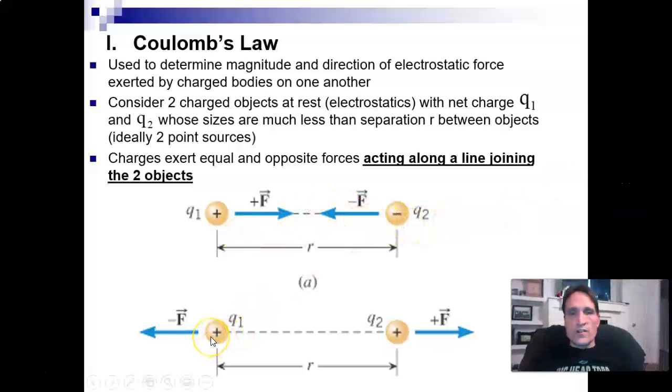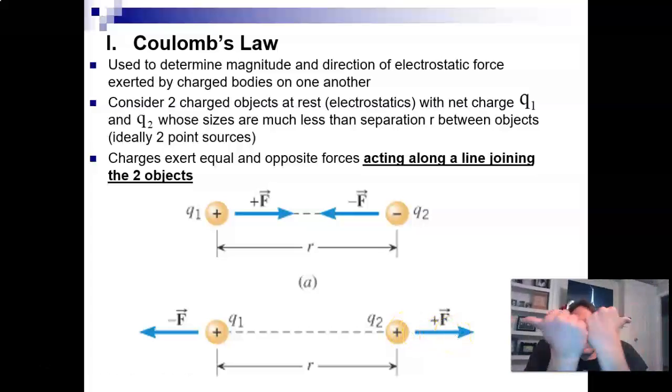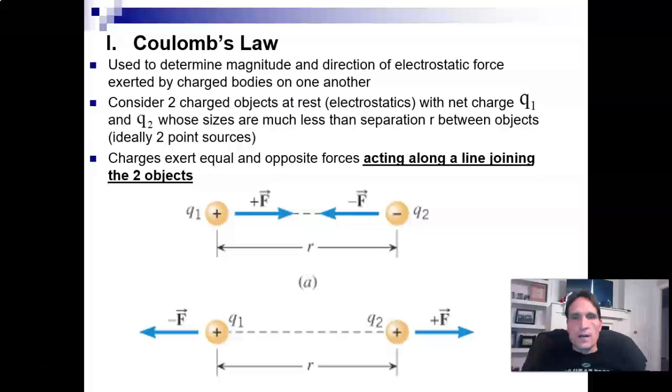If you have two charges that have the same sign, for example, two positive charges, they're going to be repelled, right? And so charge 1 is going to be repelled by charge 2, so the force points away from charge 2. The force on charge 2 due to 1 will point away from 1, and so if they're the same sign, the forces will point in opposite directions. They're repelled.